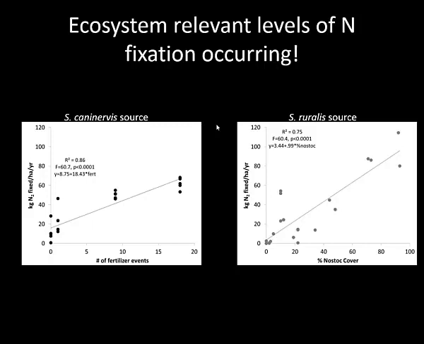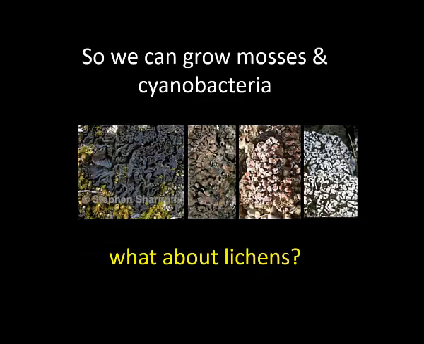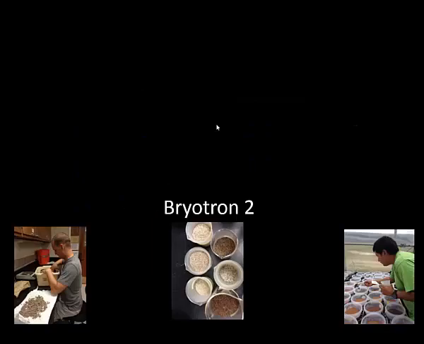Okay, so we grew mosses and we grew biocrusts. The next question is, what about these guys? What if we start with lichens? And so what we did is this. We went out and collected a whole bunch of lichens and mosses from the field at Hill Air Force Base, all from the same spot. And poor Jeff and Harlan worked really, really hard getting the inoculum ready for us. We did almost exactly the same thing.